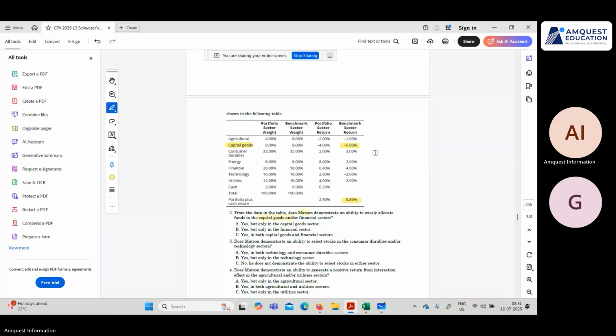You should underweight. So we believe that since the capital goods benchmark itself is minus 5 while the overall benchmark has given 0.86, this sector has underperformed the overall benchmark return. So we should underweight an underperforming sector. Is that correct? Are we underweighting? Yeah. So it will give me a positive return.